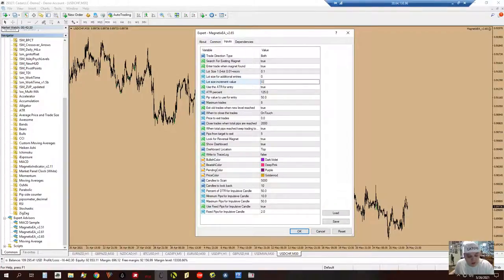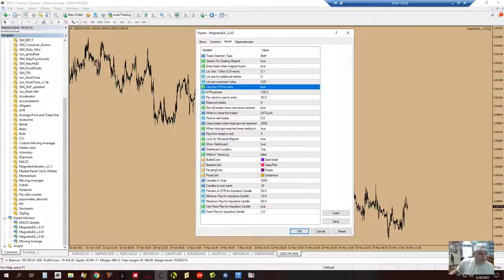this is your increment. And so what's going to happen is this from now will go 0.1 and it's going to add 0.01 increments.